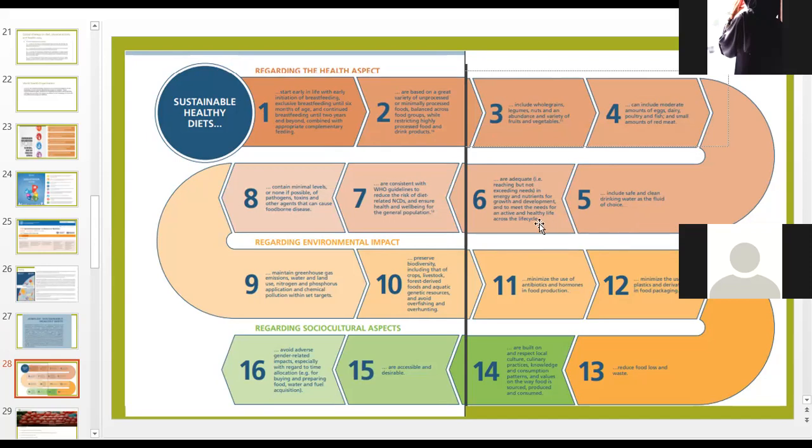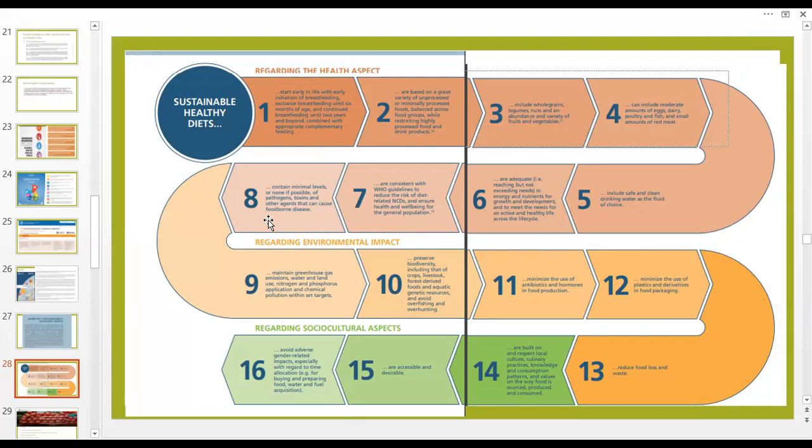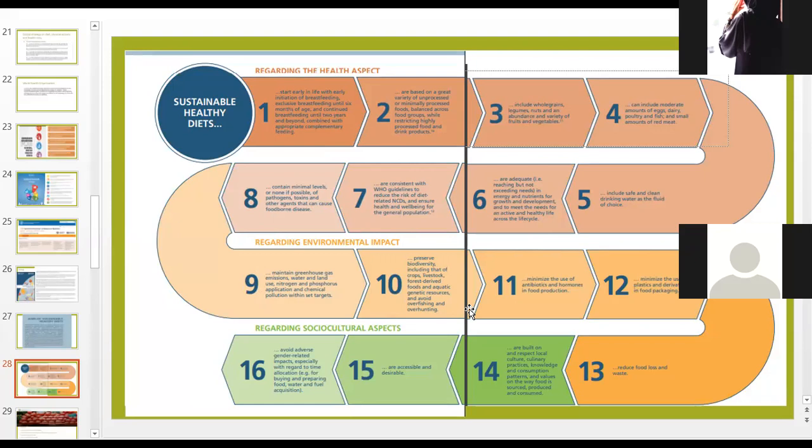Now, the diet should be adequate and consistent with WHO guidelines, and contain minimal levels or none, if possible, of pathogens, toxins, and other agents that cause foodborne diseases. So food safety is also important, as is maintaining greenhouse gas emissions, protecting the environment, and preserving biodiversity, including crops, livestock, and forests, and minimizing the use of antibiotics and hormones in food production.